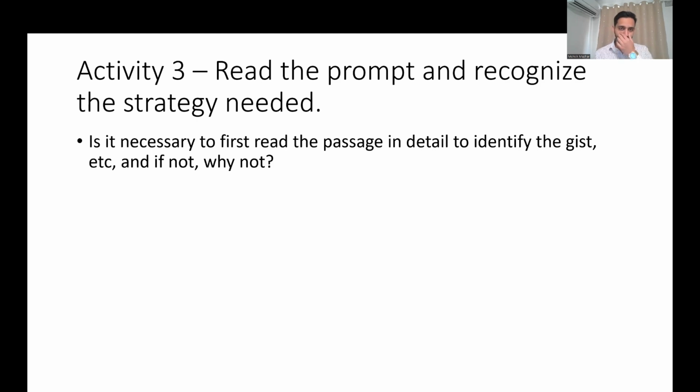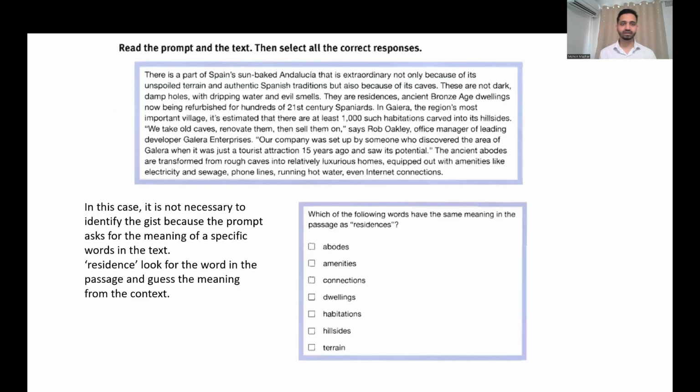So if you answered no, not always, it really depends, that is because there are different types of passages, and I want to show you an example of that. For example, the prompt here asks: which of the following words have the same meaning in the passage as residences? That's the exercise we did for synonyms and inferring the meaning, because you will get some prompts that ask you just that.